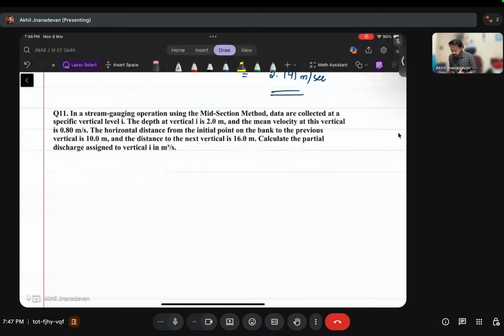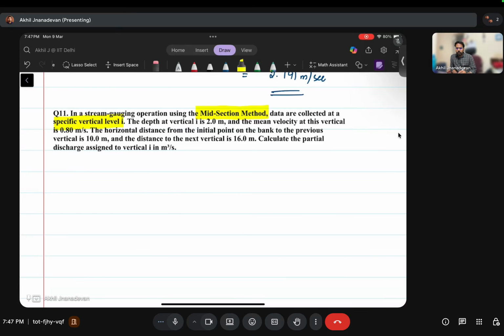So in a stream gauging operation using the midsection method, the data is collected at a specific vertical interval i. So different interval i data are collected.